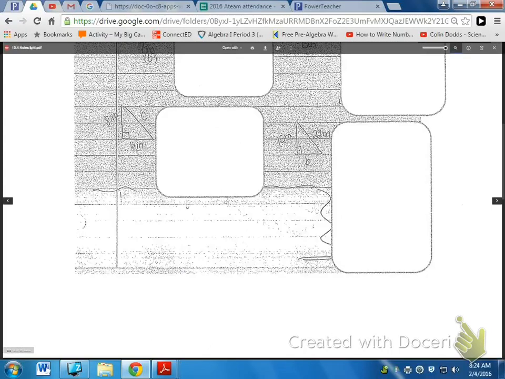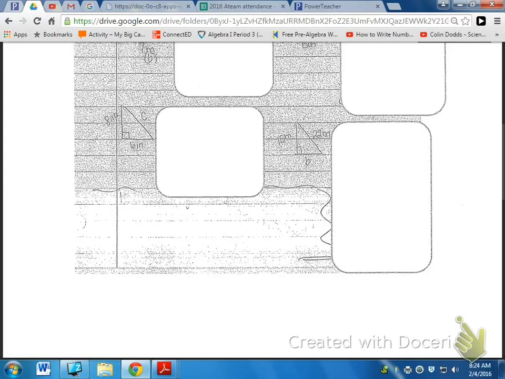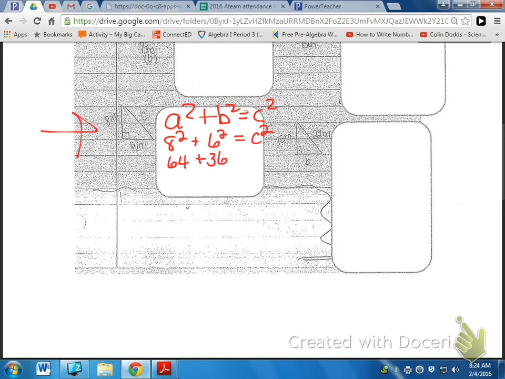Who would like to try this one? Shane? First do A squared plus B squared equals C squared. Very good. Write the formula first, okay? Plug in the numbers. A squared plus 6 squared equals C squared. Good. And the exponents would be 64 plus 36 equals C squared.